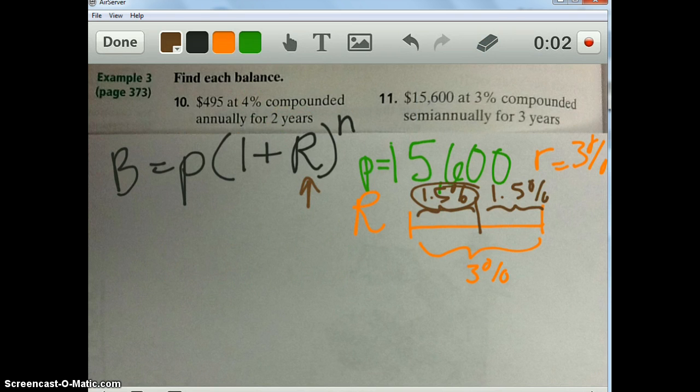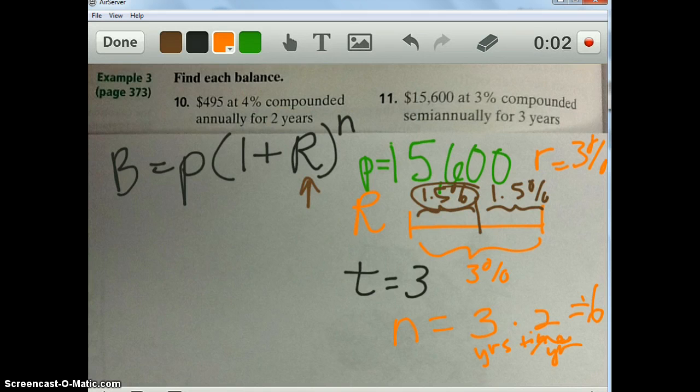And then my time is 3 years, but the number of times that I actually compound it, well, 3 years times 2 times a year, that gives me 6.